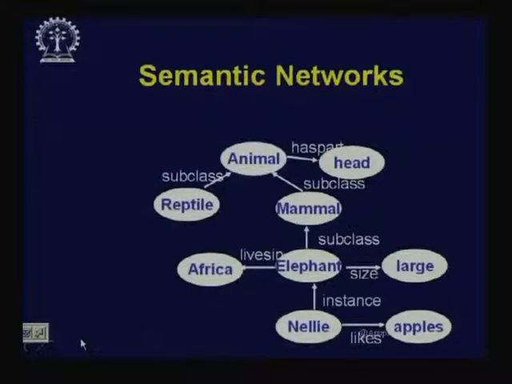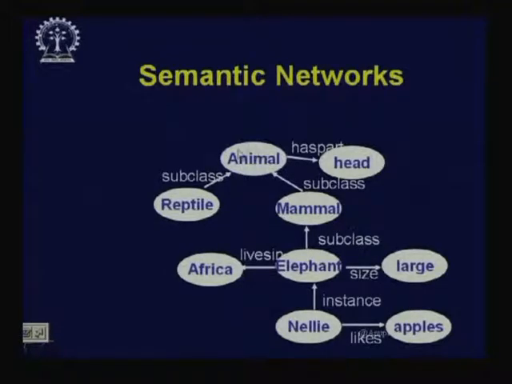Now, here is another example semantic net. You see, now here instead of is a, I have used specifically the relation subclass, because by now you know that is a is essentially denoting a subclass.